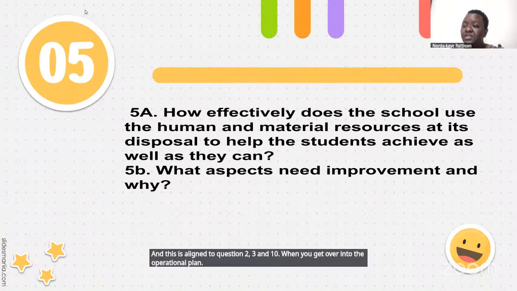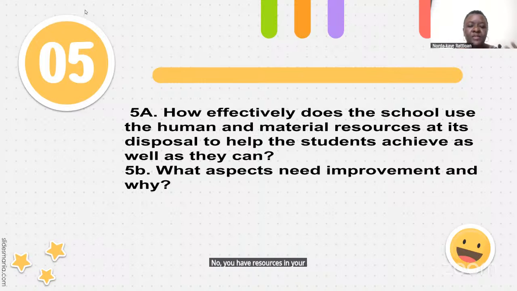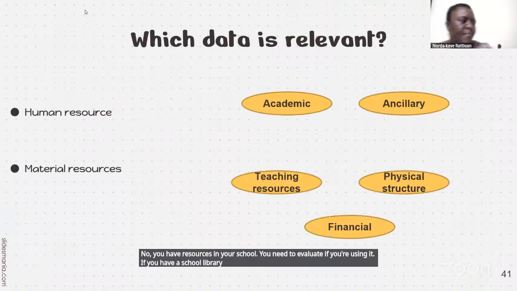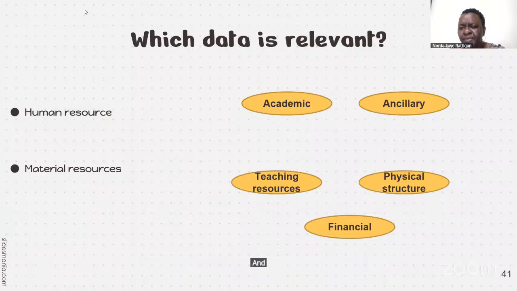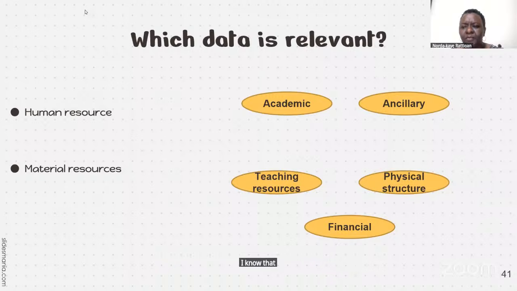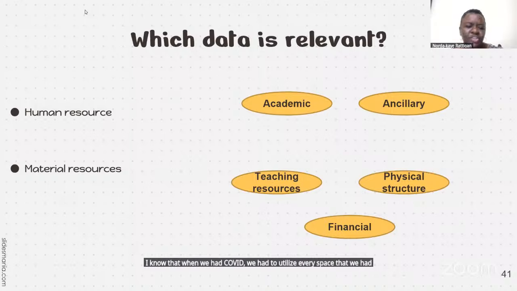Now, you have resources in your school, and you need to evaluate if you're using them. If you have a school library, for instance, and it's not being used as a library, can it be used as another space? These are some of the things that you look at. I know that when we had COVID, we had to utilize every space that we had, for nurse stations and this.